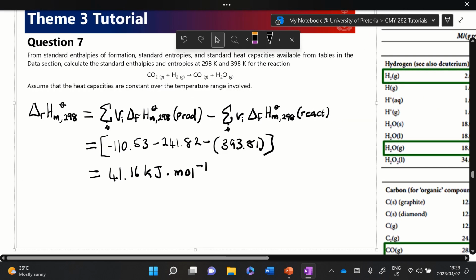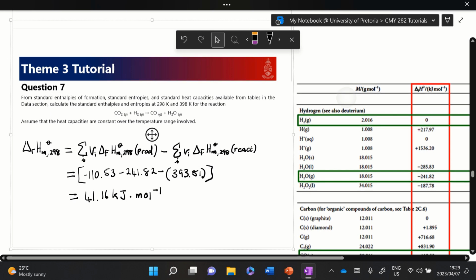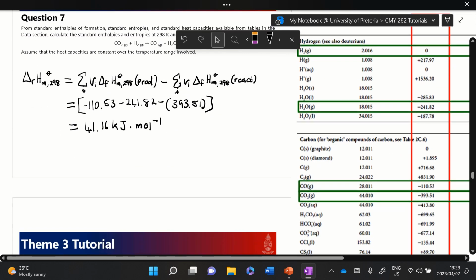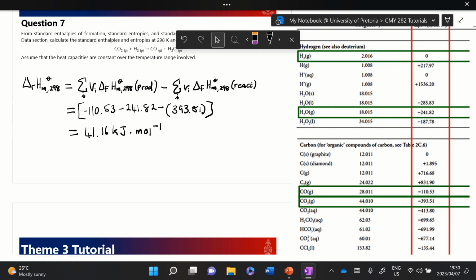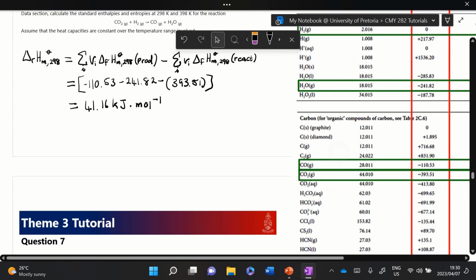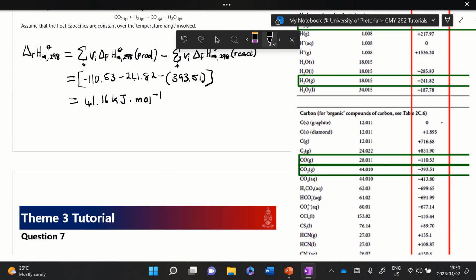In the same way, we can calculate that for the entropy.